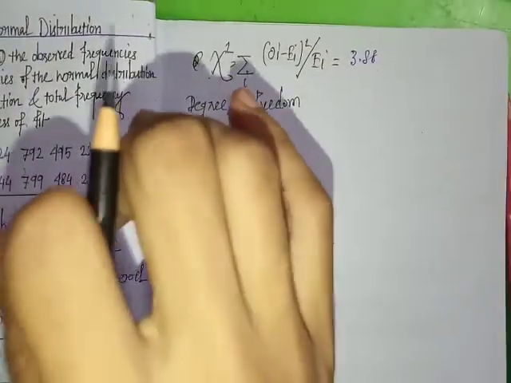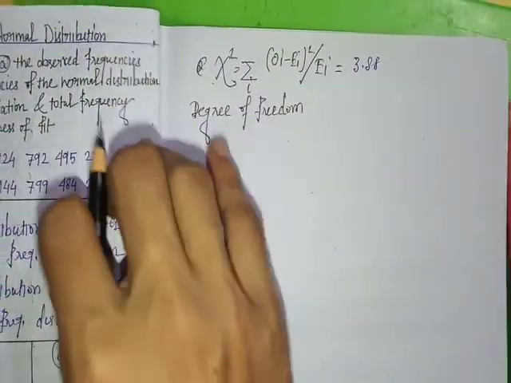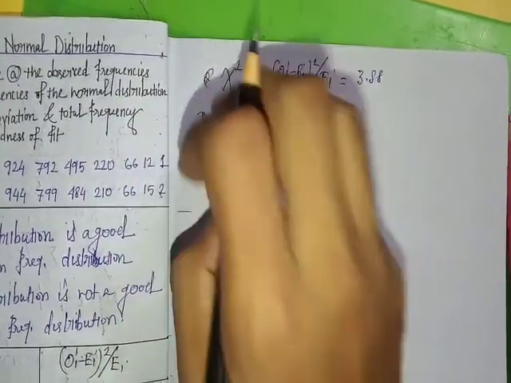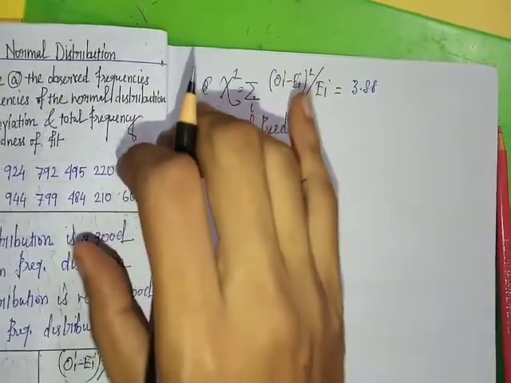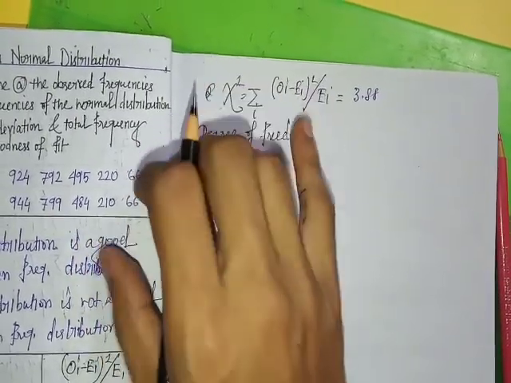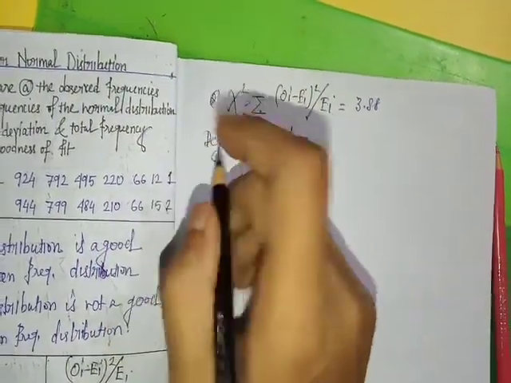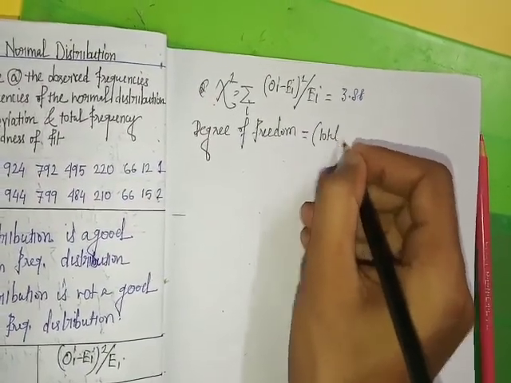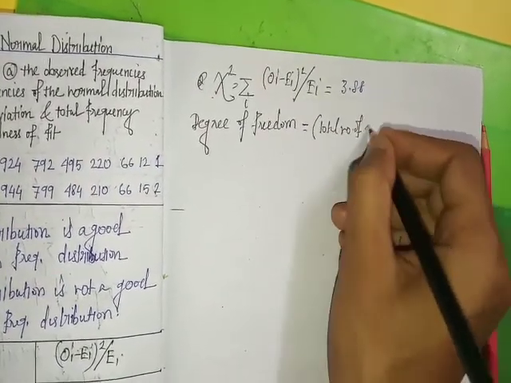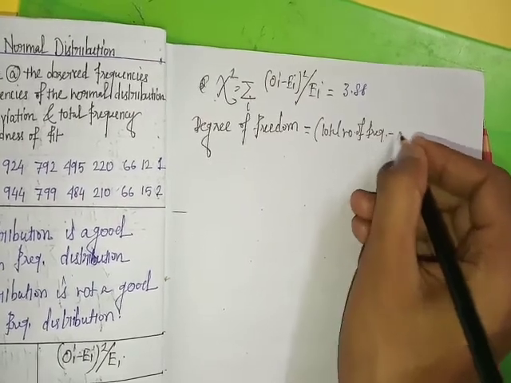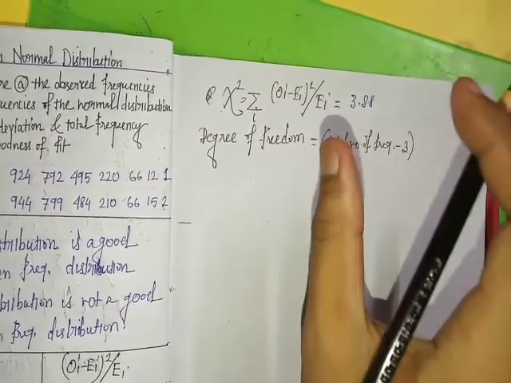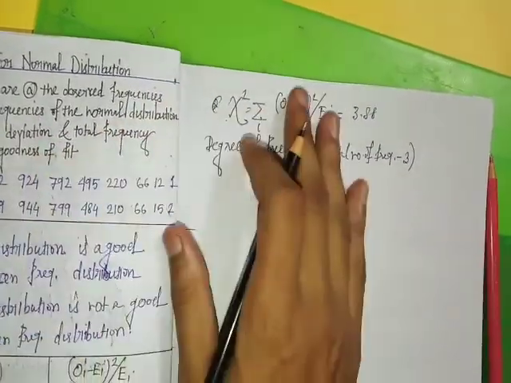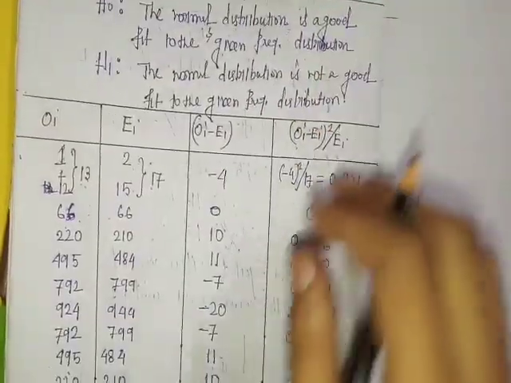Please remember, the general formula of degrees of freedom for normal distribution is total number of frequency minus 3. But here 2 degrees of freedom are lost in pooling.